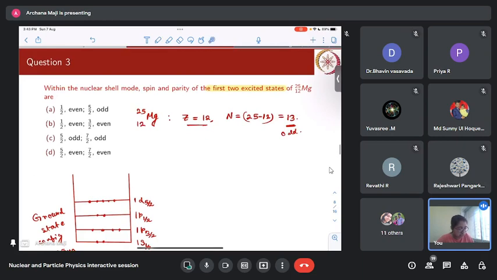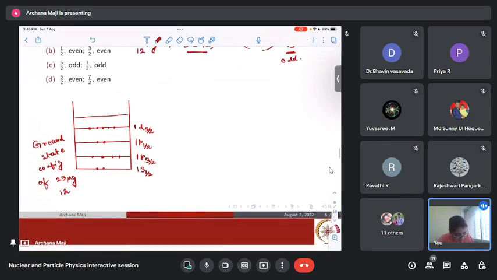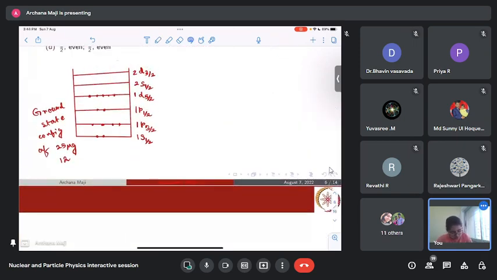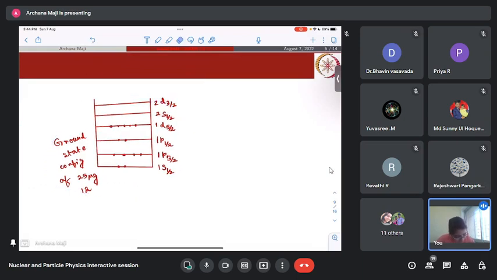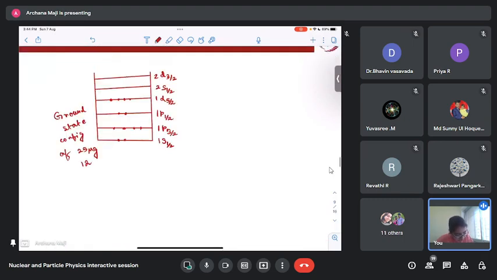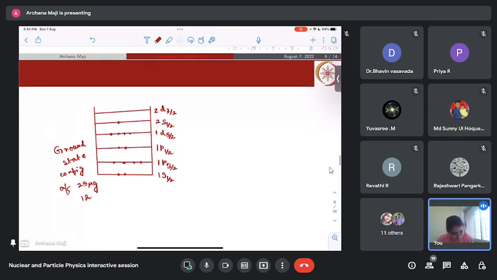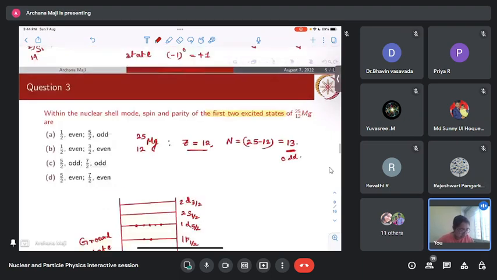In order to get the first two excited states, the next level is 2s half, and then 2d 3 half. To get the first excited state, we will take one particular nucleon from 1d 5 half to 2s half. This will give us the first excited state, and we are supposed to answer the spin and parity of the first two excited states. So what is the spin?